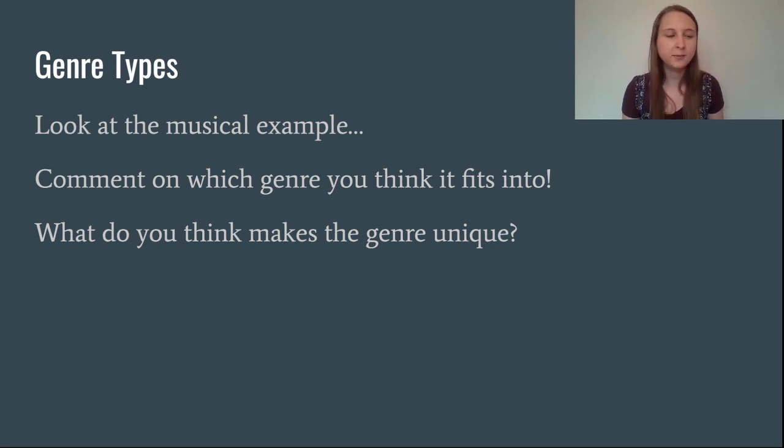So first I'm going to show you the musical example, either sheet music or a recording. And I'd like you to comment in the chat box which genre you think it fits into. What do you think the genre is? Some of them are going to be obvious. And then what do you think makes that genre unique? What are its particular characteristics?